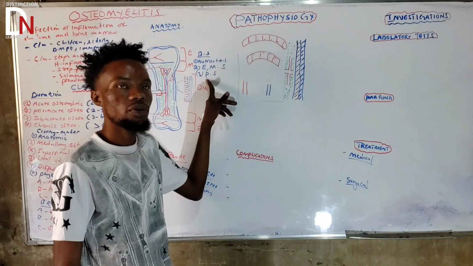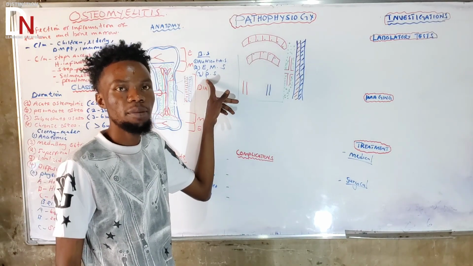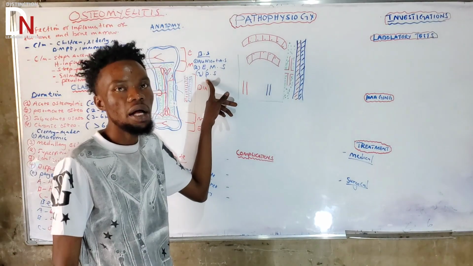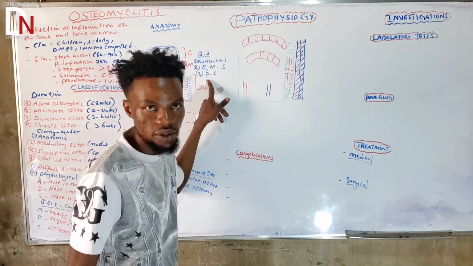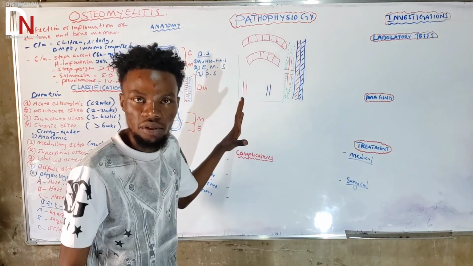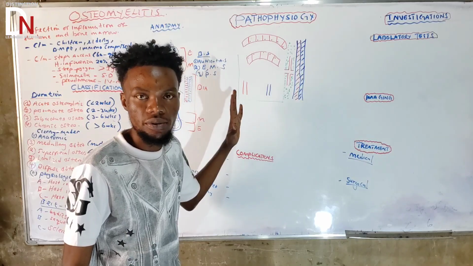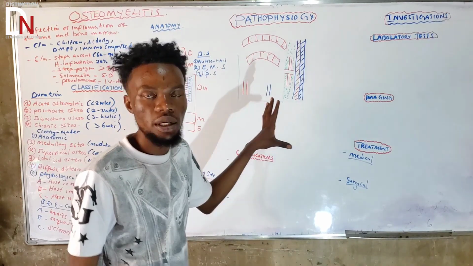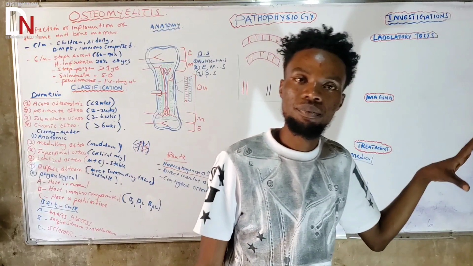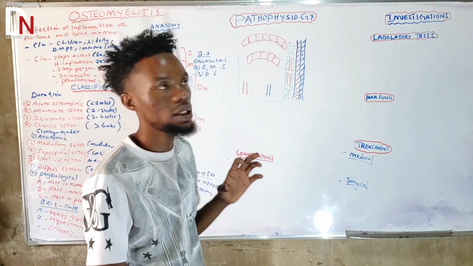Then what about the periosteal system? They supply the periosteum, as well as the outer 1/3 of the cortex. So the outer 1/3 of the cortex is supplied by the periosteal system. What about the 2/3? The 2/3 of the cortex is supplied by the nutrient artery.